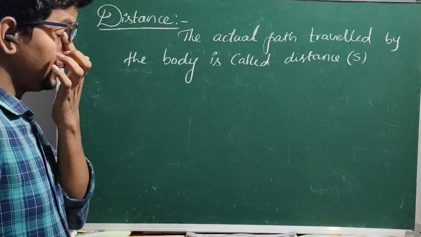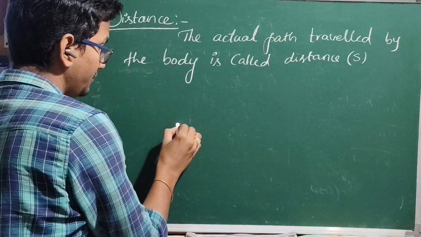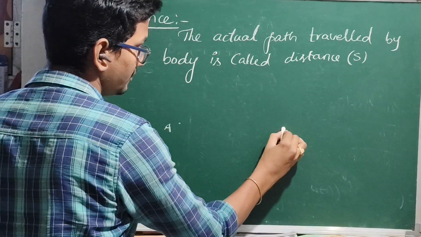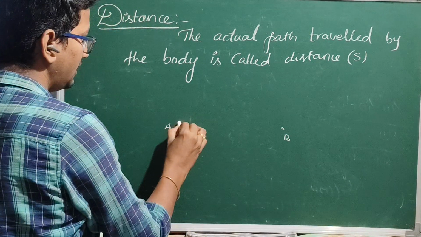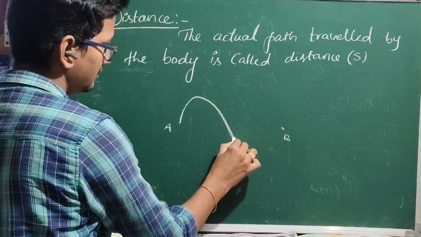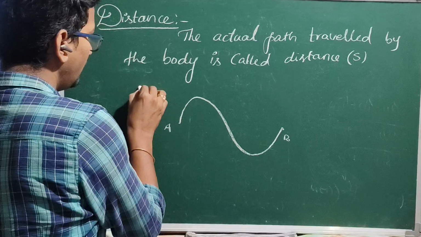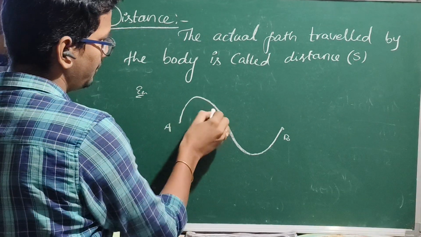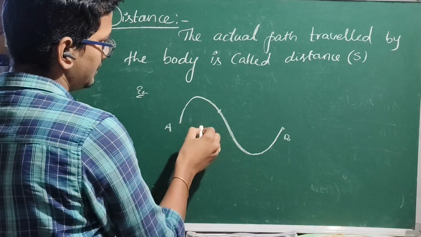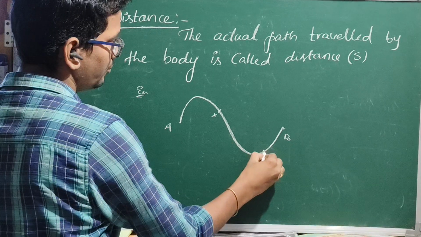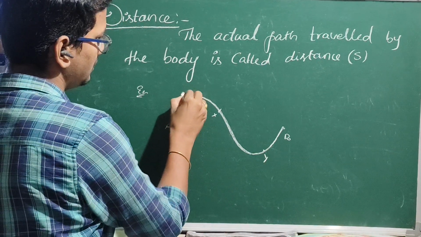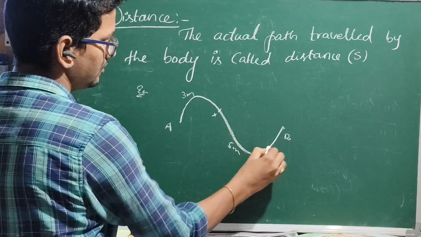For example, a person is moving from A to B, whatever the path we have to consider here. From A to some point X, and some point Y, here only 3 meters, here 5 meters, here 2 meters.